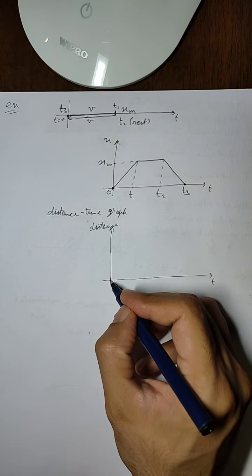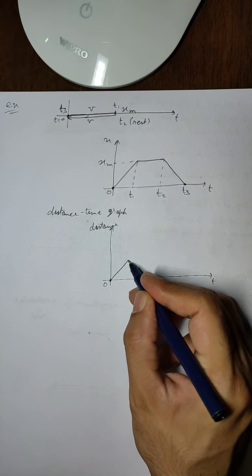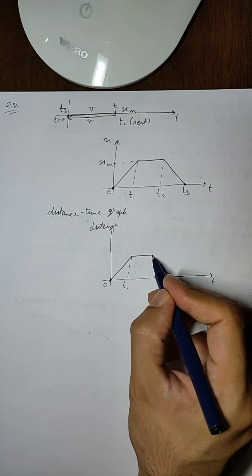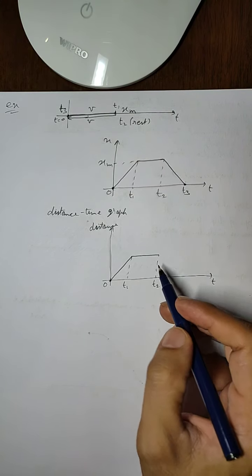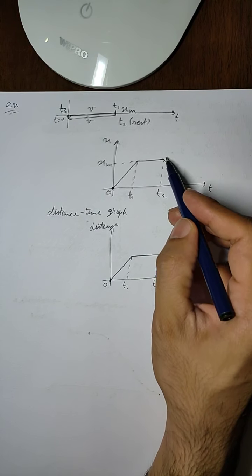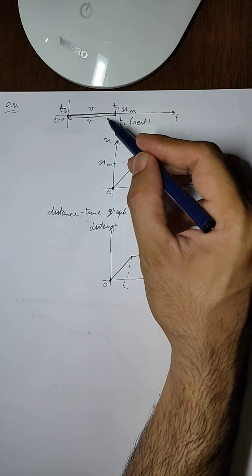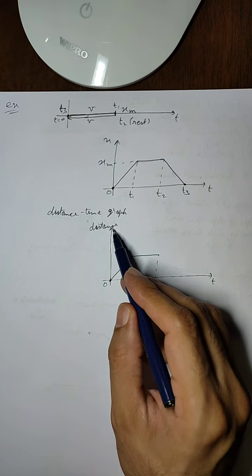The initial conditions will be the same: the body is starting from 0, moving uniformly till t1, then the body is at rest till t2. Till here there is no difference between the two graphs. After this, when the body returns, it is changing its direction, so its displacement is decreasing. But we know that distance never decreases.